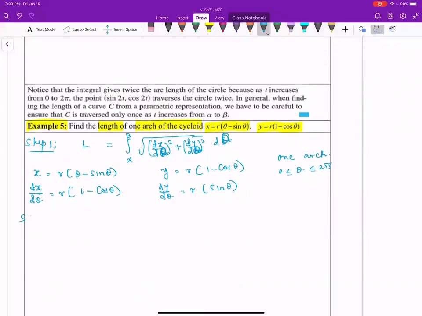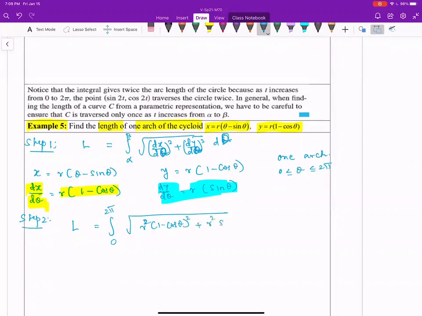So let's plug these values into our formula. L is the integral from 0 through 2 pi of the square root of (dx by d theta) the whole square, which is this one, plus (dy by d theta) the whole square. So we have to square that one. It's going to be r squared (1 minus cosine theta) the whole square plus r squared sine squared theta, d theta.